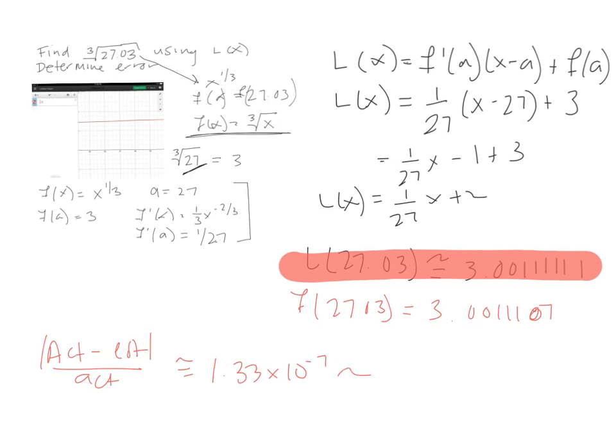In fact, some might even say, depending on scientific digits, that's about 0. We're looking at a 0 error. That's really good. There is practically no error using this method. So this linearization worked phenomenally when I centered it around x equals 27.